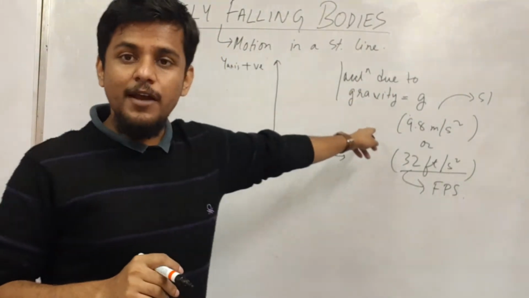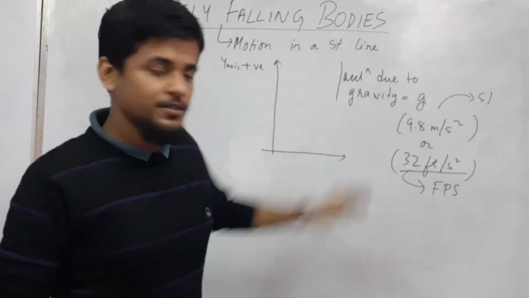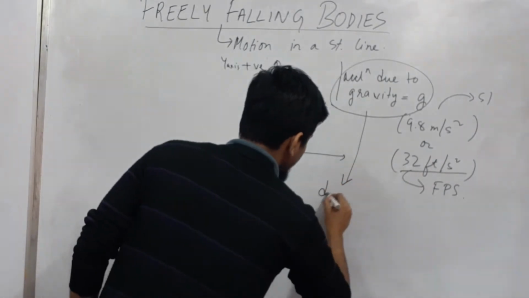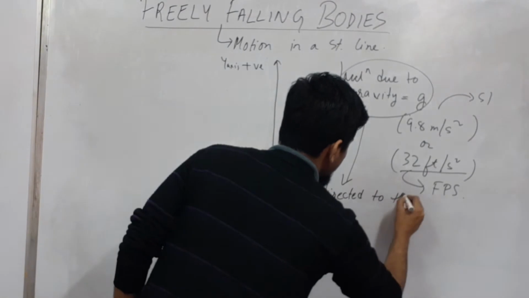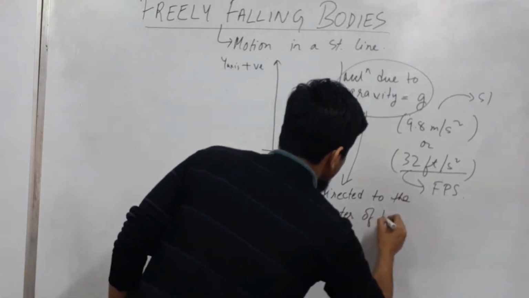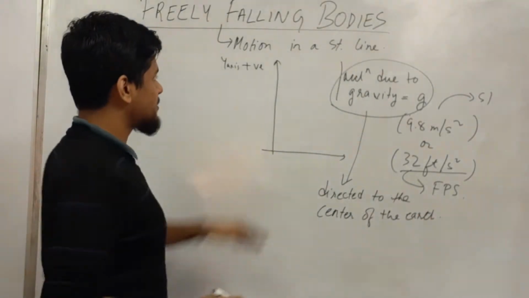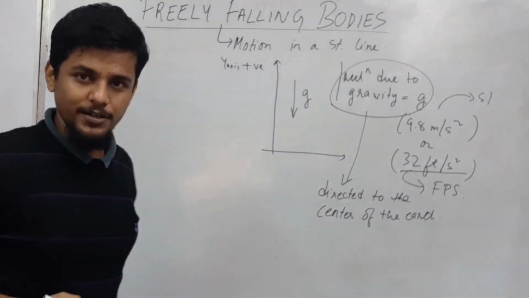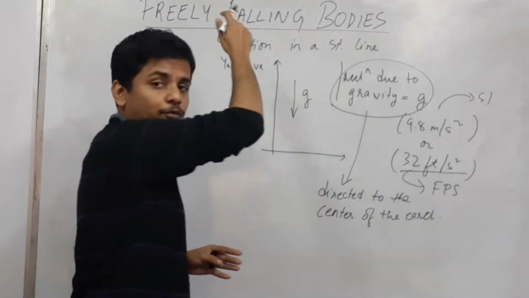Now this acceleration due to gravity is always directed towards the center of the Earth. So the acceleration due to gravity will always be directed downwards, and we are considering our positive y-axis in the upward direction.